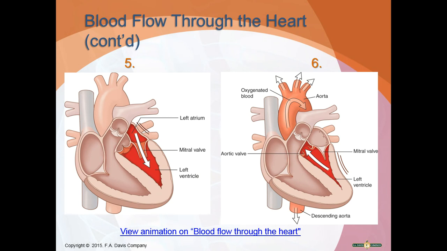It goes step by step, just like we went through here, showing how the blood goes from the superior and inferior vena cava through the right atria, through the tricuspid valve, the right ventricle, through the pulmonary valve, pulmonary arteries, to the lungs, from the lungs back through the pulmonary veins into the left atria, through the mitral valve, the left ventricle, then up through the aorta to every part of the body.